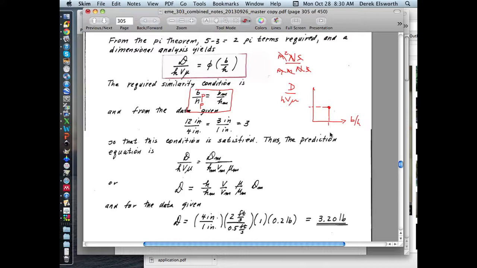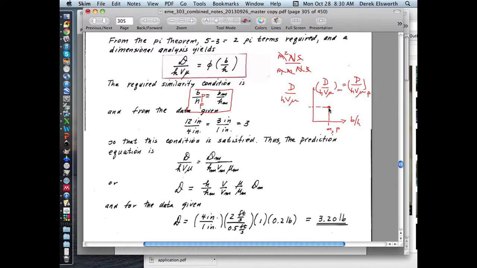So this is the calculation for the model, but it's also the calculation for the prototype. So the basic outcome of this is that we know that drag force over diameter, length scale, velocity, and viscosity of the model has to equal the same for the prototype. That's basically what this figure says.